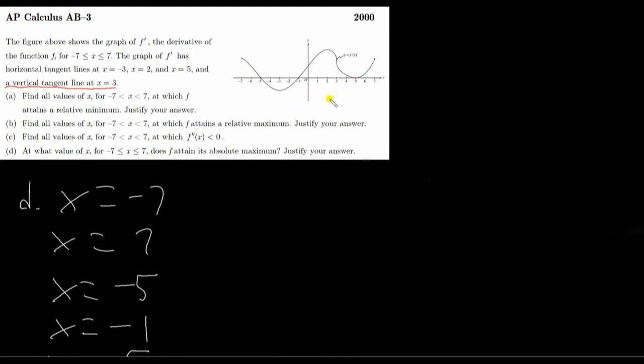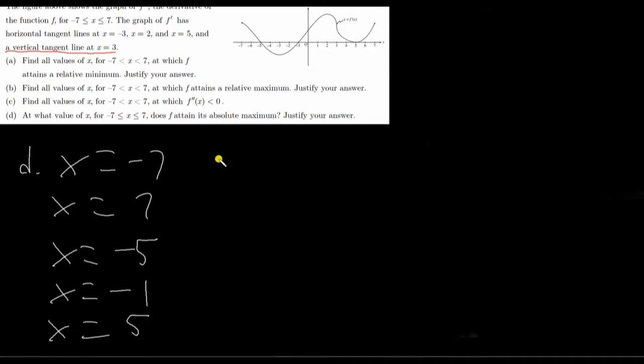So knowing that, we can start to eliminate some of these options, because it's one of these, but we don't know which one it is. So clearly, we can eliminate -7, because at -7 the area is 0, and the area definitely gets bigger after that.